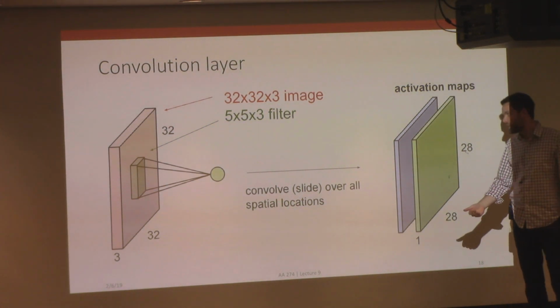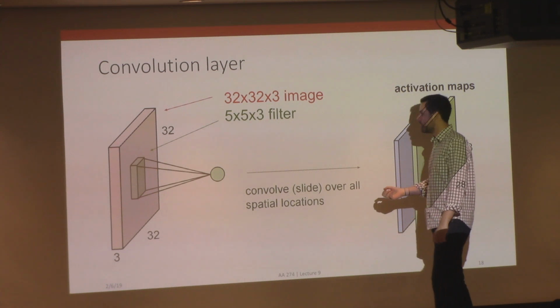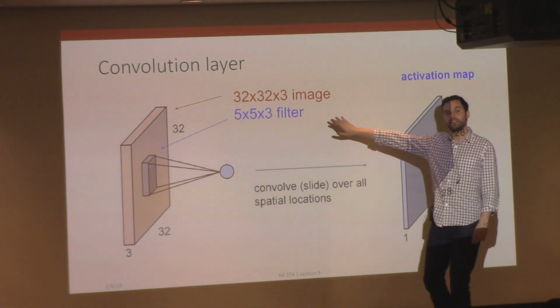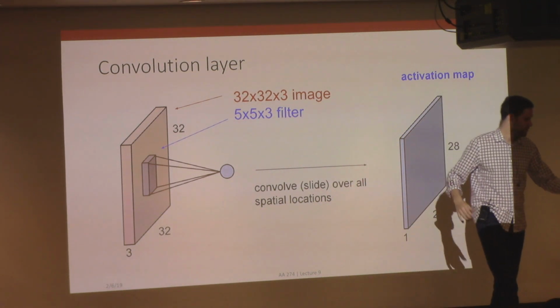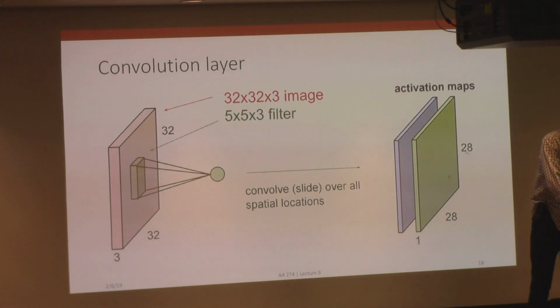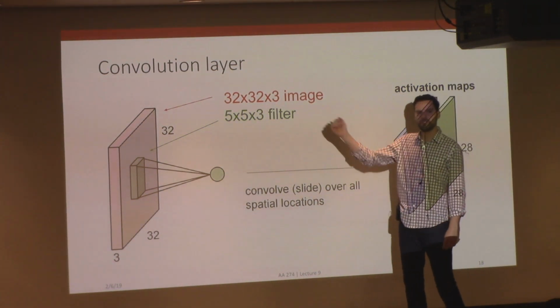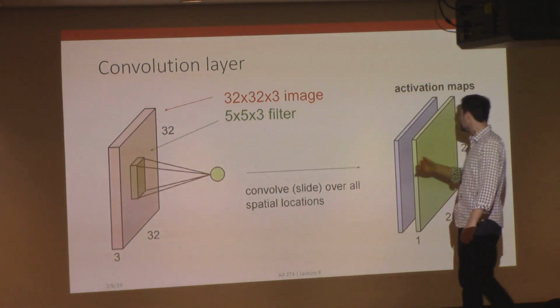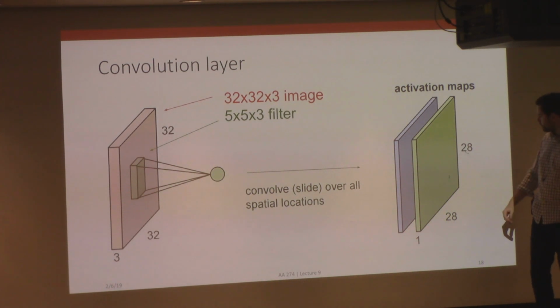Now, the cool thing is you don't just have to have one filter. Before, we had this blue filter, one set of weights W1. We can also have another filter, W2, which does this convolution operation over the image and produces another activation map.